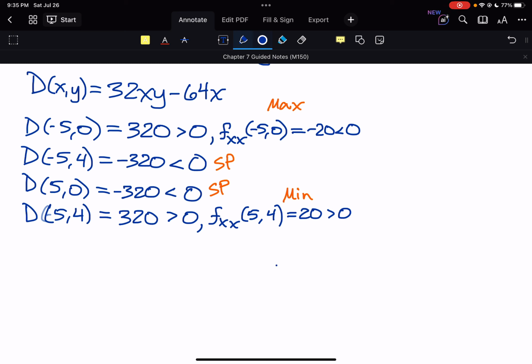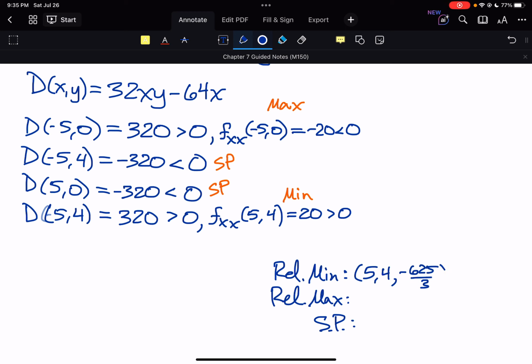So if we look here, we have relative min, relative max, saddle point. So the min is going to be at 5, 4. The output for that is negative 625/3. The relative max, we have negative 5, 0.